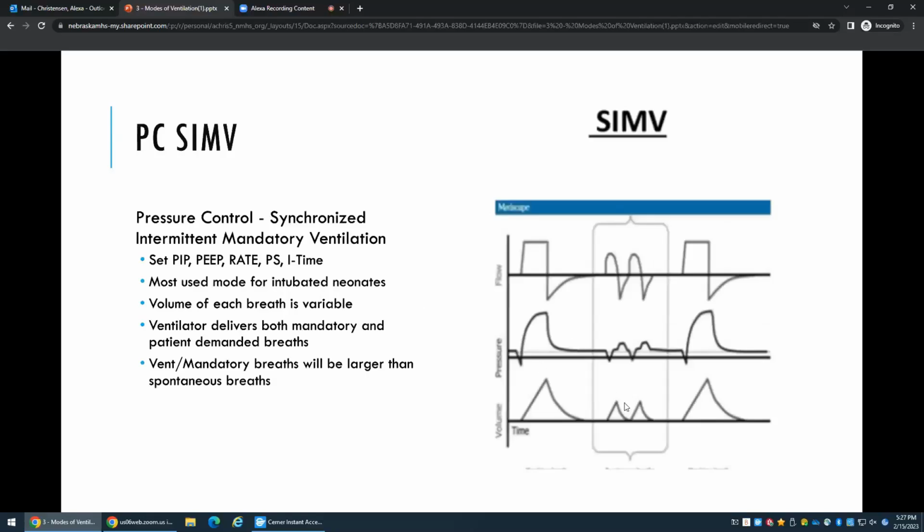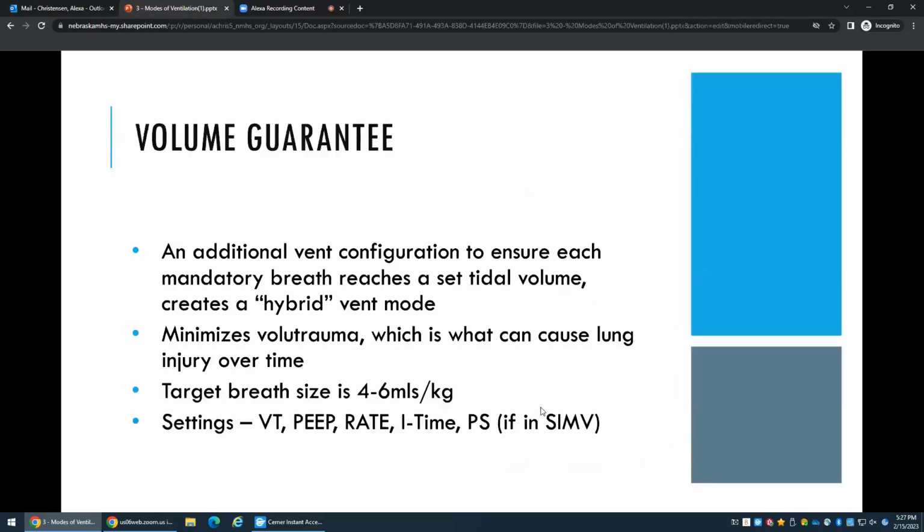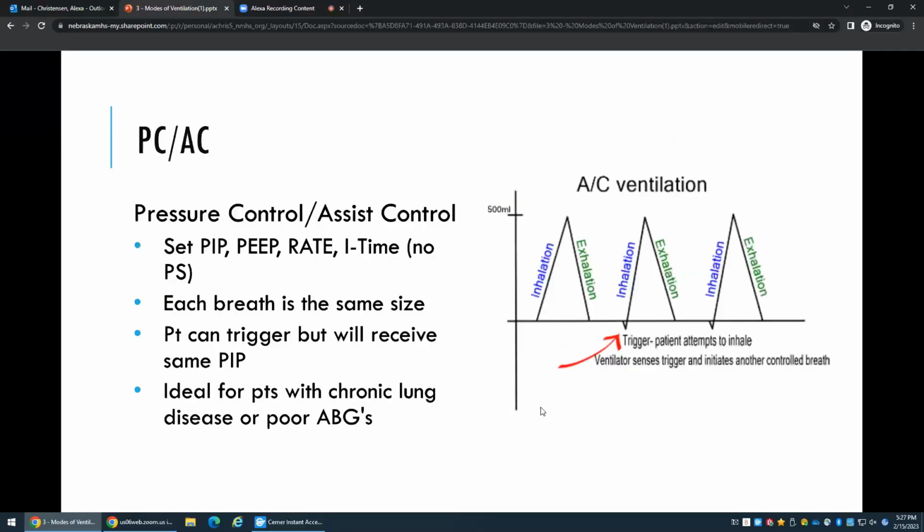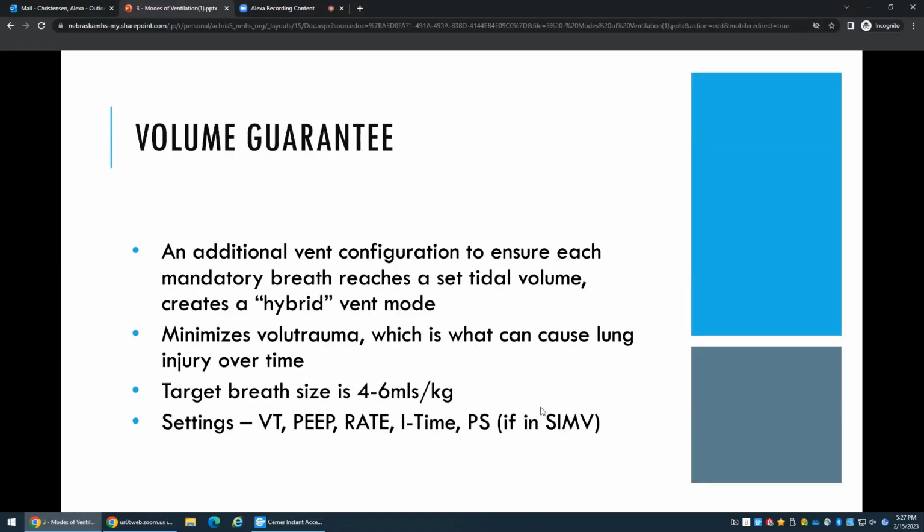In SIMV, these will still be a little bit smaller, but it's still going to kind of target it to be at the same tidal volume-ish. So our target is 4 to 6 per kilo. I don't have a photo of this because it's essentially the same as these two. You're just setting a tidal volume instead of a pressure.